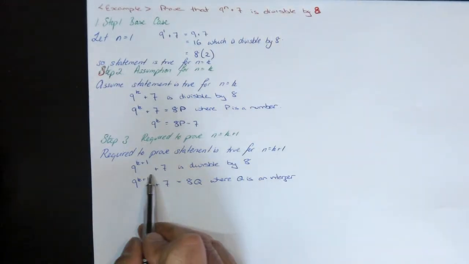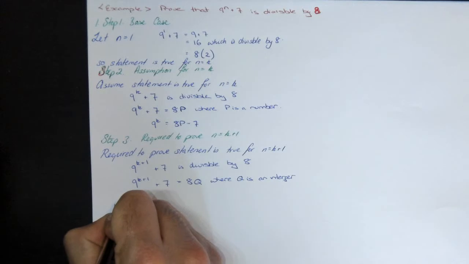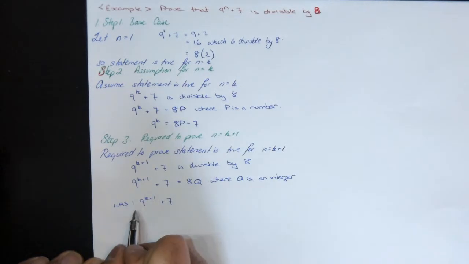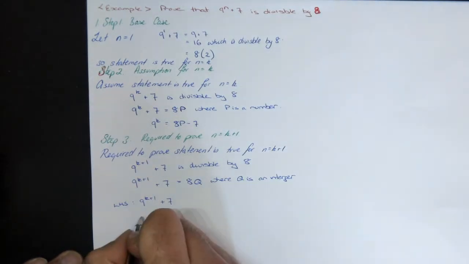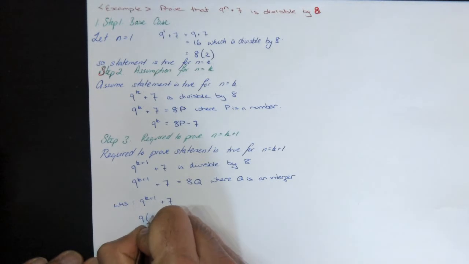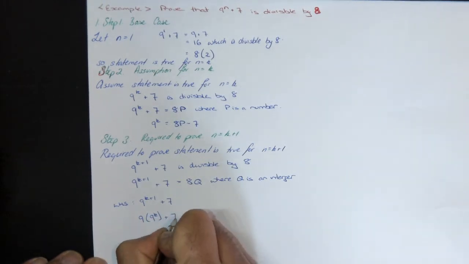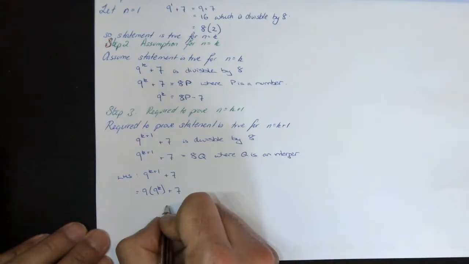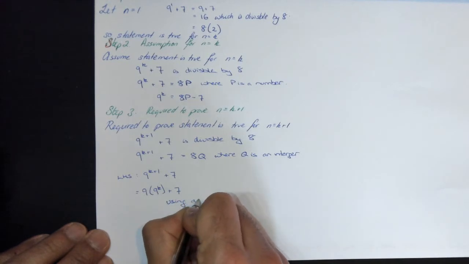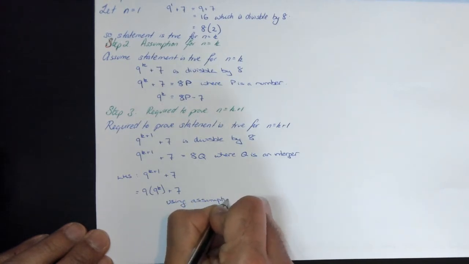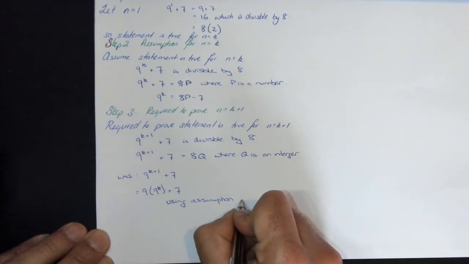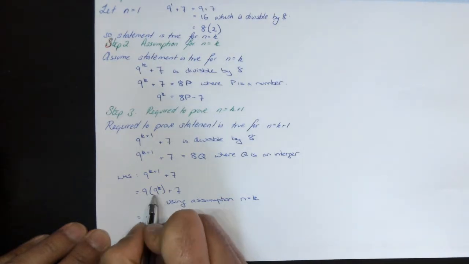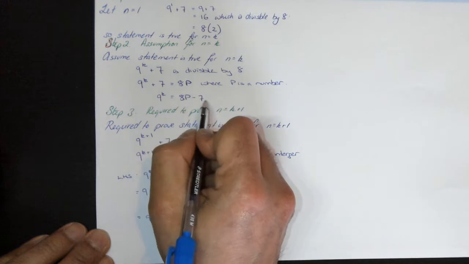Okay, so working with the left-hand side. I can write this 9 to the power of k plus 1 as 9 lots of 9^k, plus 7, using indices laws. Okay. Now, using my assumption that n equals k, I can substitute this 9^k for 8p minus 7.